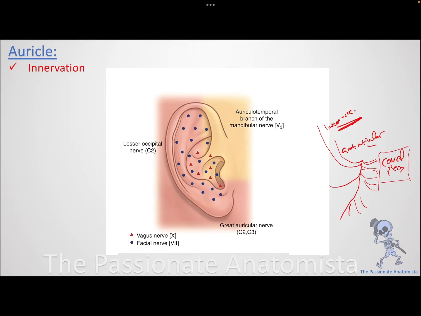Two of them are going to give you sensation in the auricle. So if you look at the auricle, basically this is coming from your cervical plexus. The lower half of your auricle is supplied by the great auricular nerve, and the posterior half of the upper half of the auricle is by the lesser occipital, so both of them by the cervical plexus.